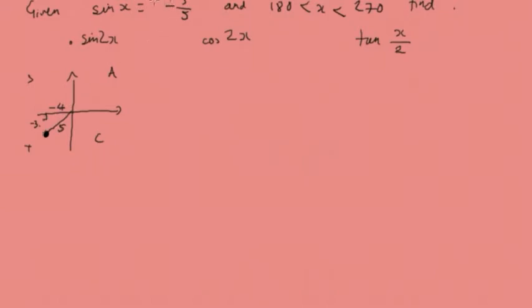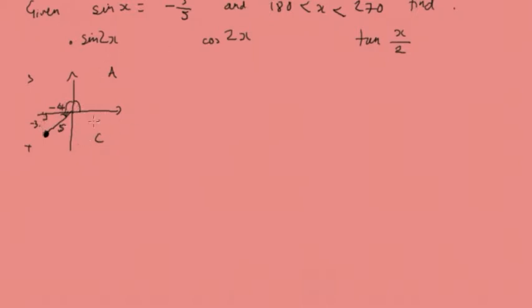So when you see this, you draw your triangle and just use your simple trig identity. Sine is the opposite over the hypotenuse. Then you can use Pythagoras to get the adjacent. And then this is going to be your x.